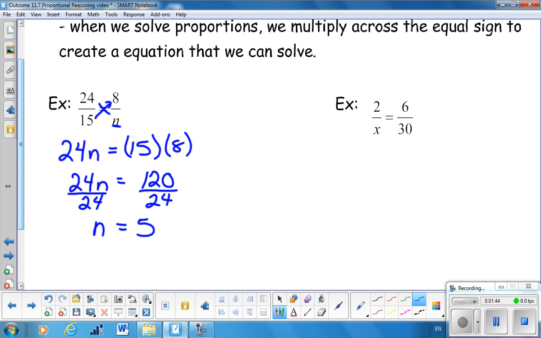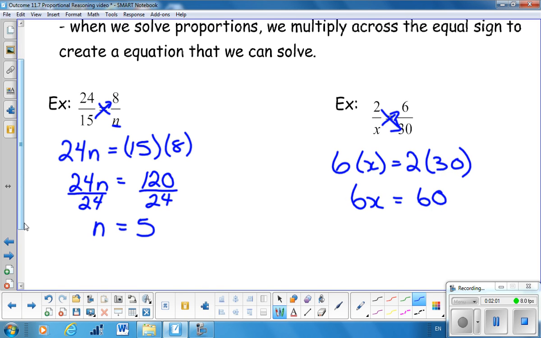In the second proportion, again, we're going to multiply across that equal sign, so 6 times x equals, multiply this way, 2 times 30. 6 times x is just 6x. 2 times 30 is 60.